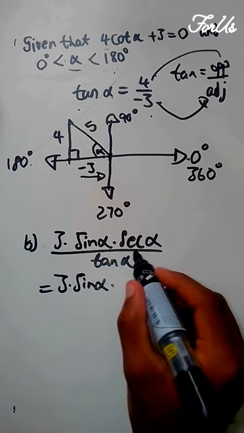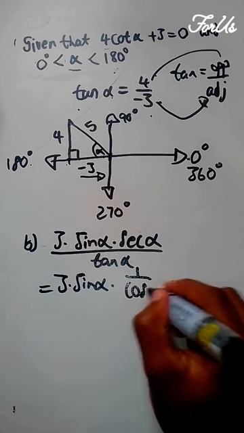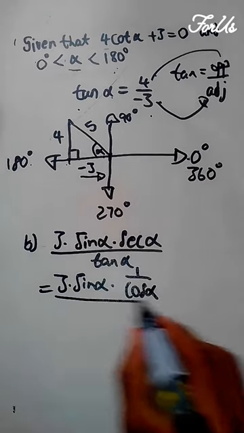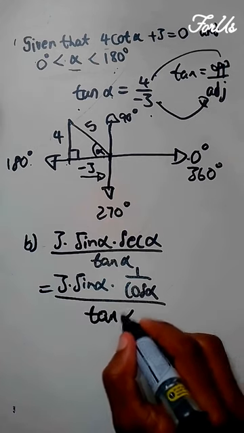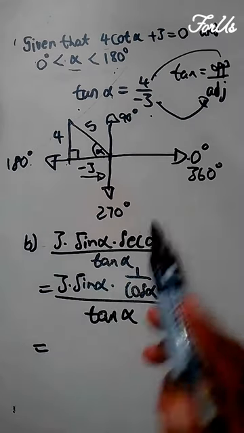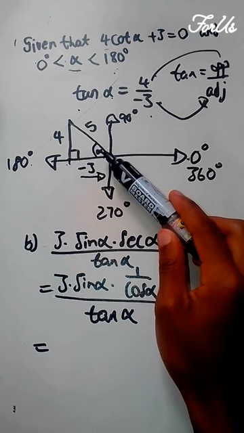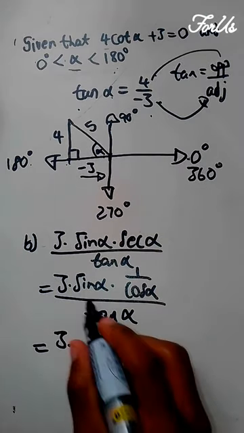Sec is the same thing as 1 divided by cos theta, divided by tan theta. Now we can look here on the triangle and find the values.